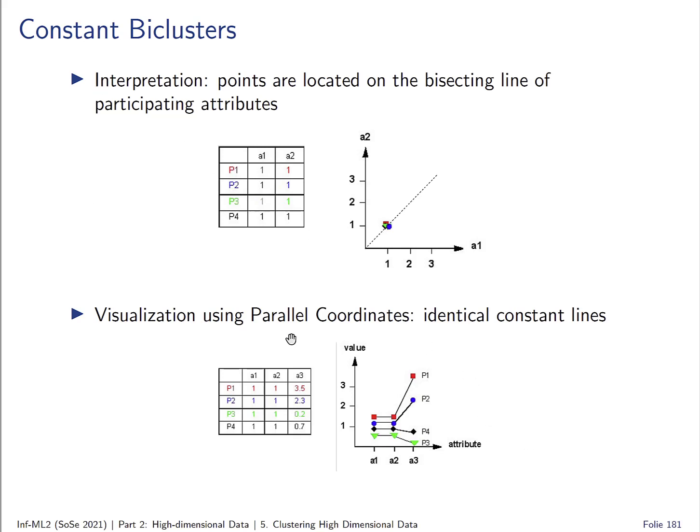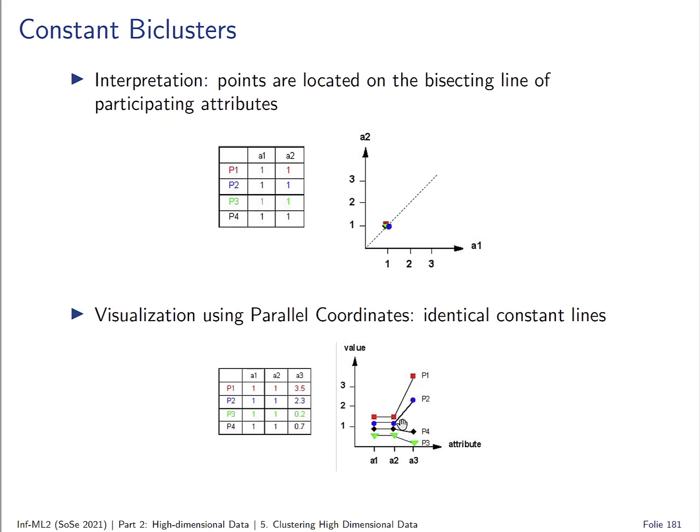Anyway, we want to see what kind of patterns we see when we look at the parallel coordinates if we have constant biclusters. You see here that the lines should completely overlap, because all the red and the blue and the black and the green ones have 1 in both A1 and A2. So the graphs should be identical here.